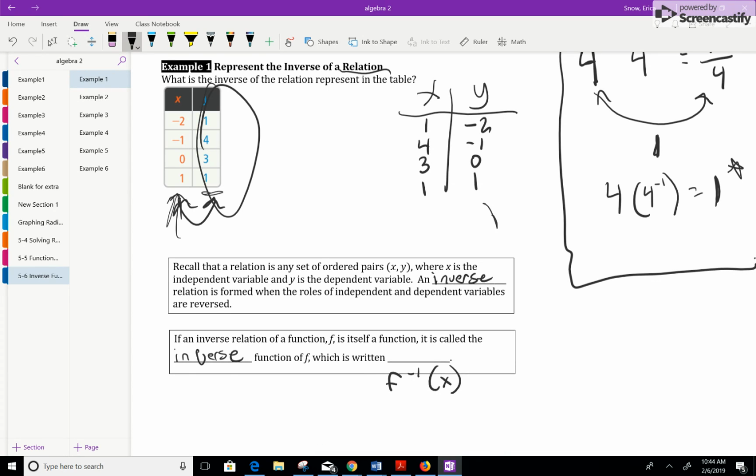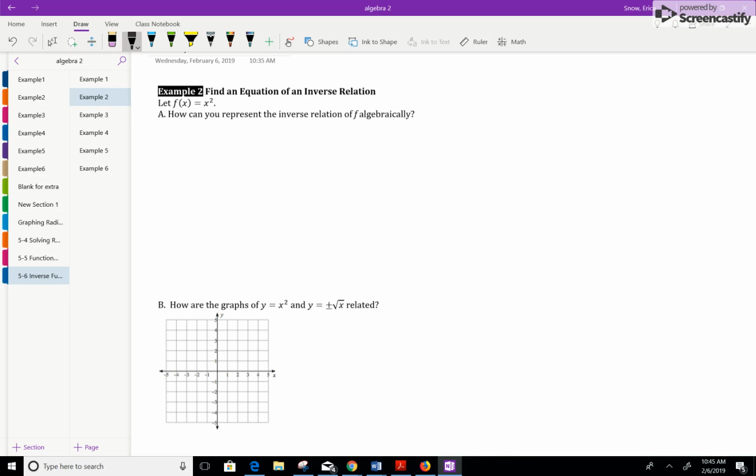Now let's look at example 2. Example 2 is showing us how to find the inverse of a relation. When you're looking at it algebraically, there are steps. I'll write the steps out here.